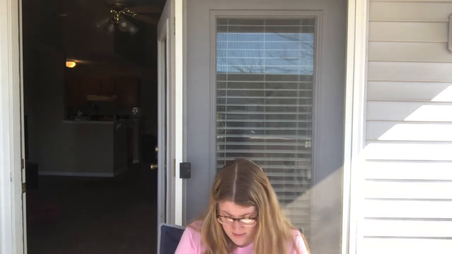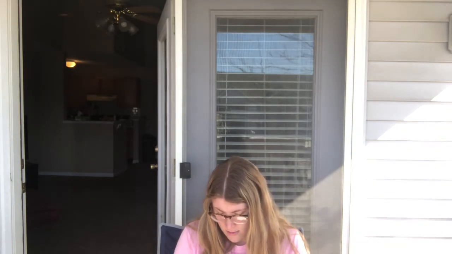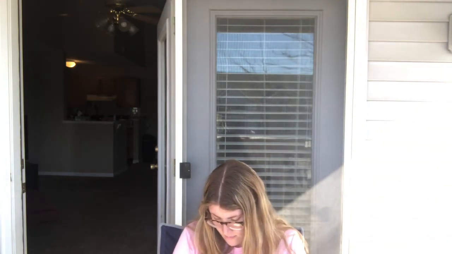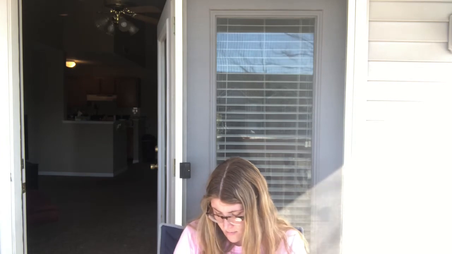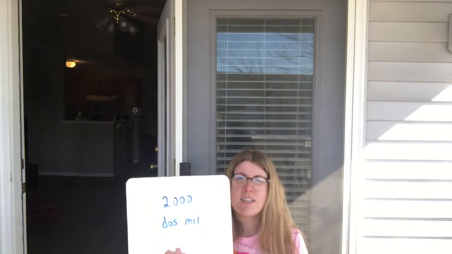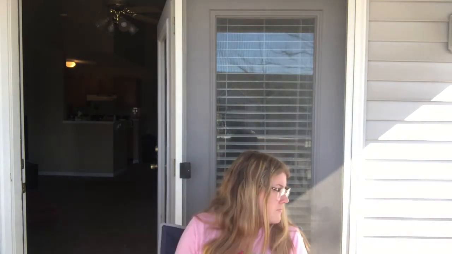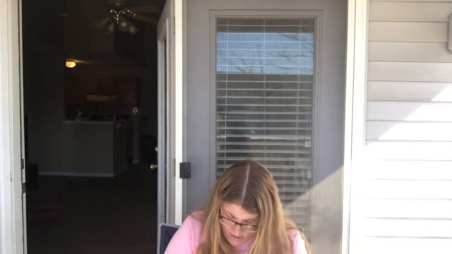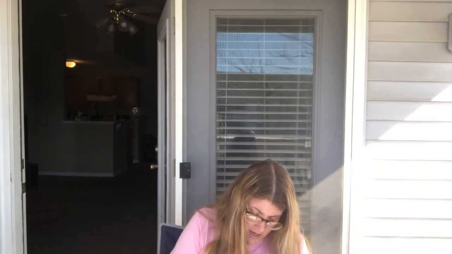To say larger thousands, like 2,000, 3,000, 4,000, all you do is add that number to the front. So 2,000 is dos mil. And then finally we're at 1,000,000.